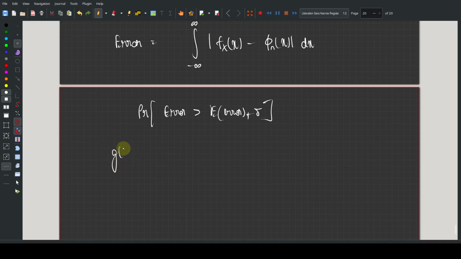I have g of x1 through xn to be the integral from minus infinity to plus infinity of the absolute value of fx of x minus Pn of x.